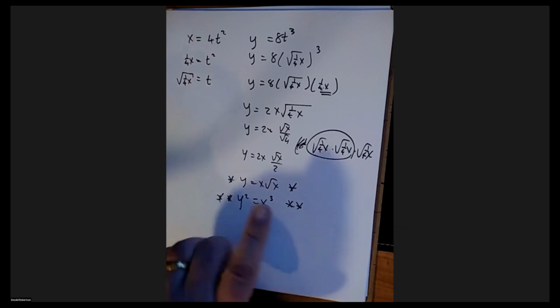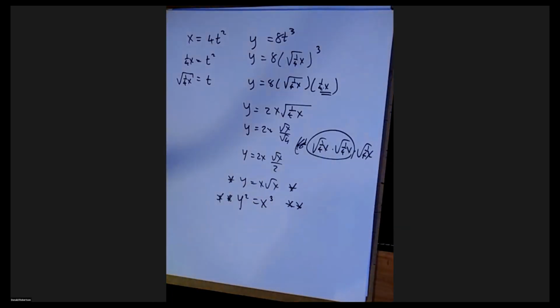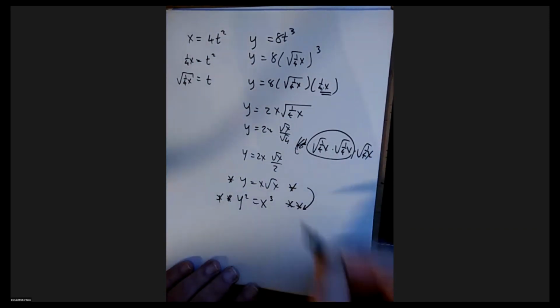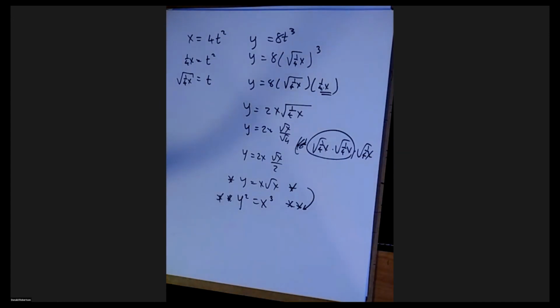So you've got to figure out how to make your first attempt look different so that your second attempt will be this. What it's pretty much going to involve is getting rid of square roots and cube roots. So how would I get from this line to that line? What would I do to both sides? Square them to get rid of the square root. Right.